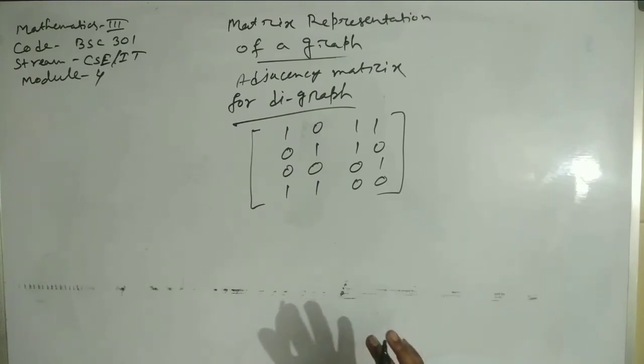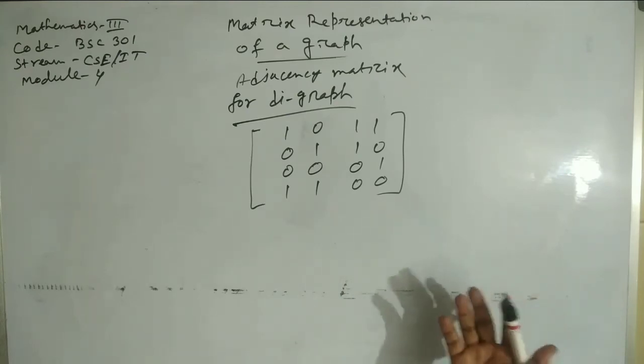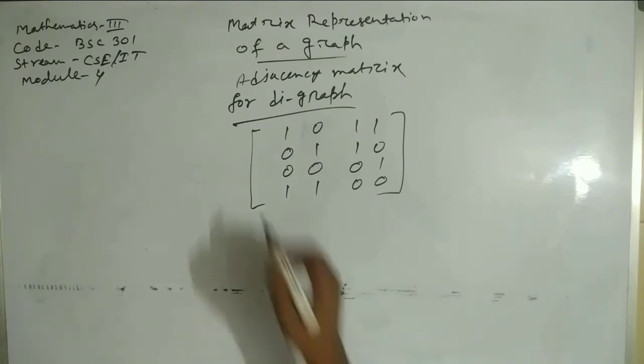It will also always be mentioned whether it is an adjacency matrix or an incidence matrix, and whether the matrices are for undirected graphs or directed graphs. Or in some cases you can also understand which matrix this is and for which type of graphs. But in most cases it will be mentioned.